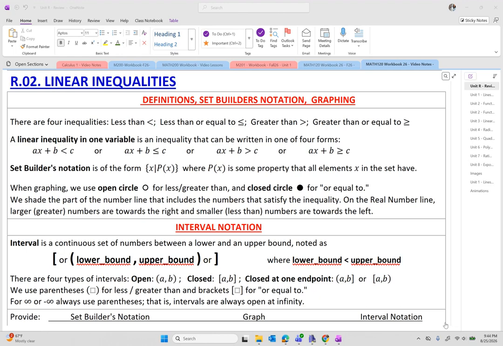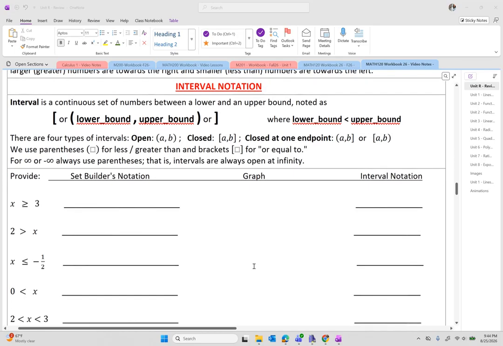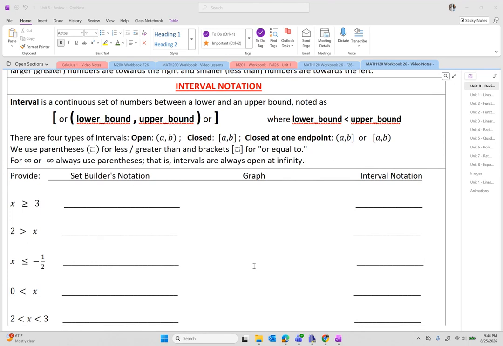Another method of showing an inequality in mathematics is called interval notation. An interval is a continuous set of numbers on the real number line between a lower and an upper bound, and it is noted with either brackets or parentheses, and the bounds are listed lower bound on the left, a comma, and then the upper bound on the right.